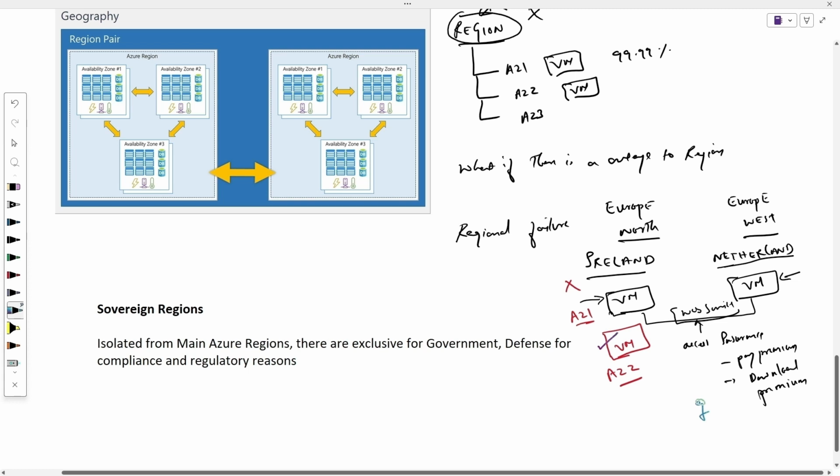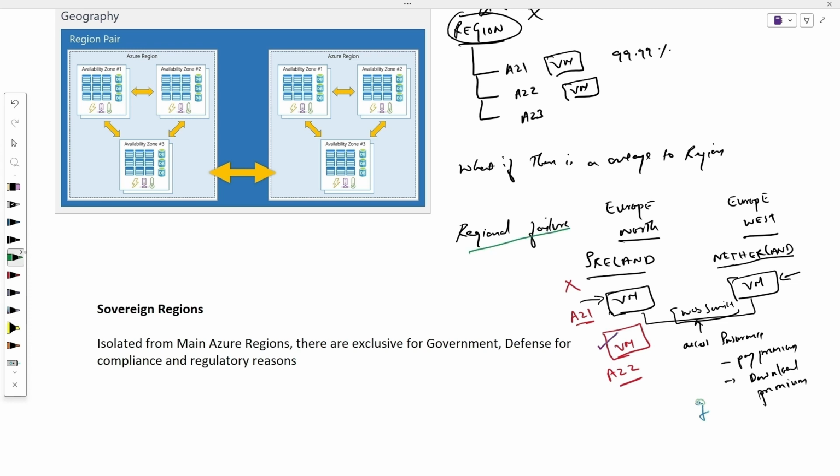The user accessing the web services for their insurance account can connect to any of the virtual machines. If there is a regional failure, only then is there an issue of redirecting the user to the Netherlands region. If there is a zone failure, there is no issue because AZ2 is always available. Only AZ1 has gone down. The user will be able to connect to the virtual machine and access the insurance services. So this way we can configure zone redundancy or regional failure protection for our workload or services.